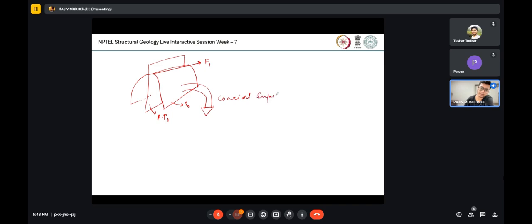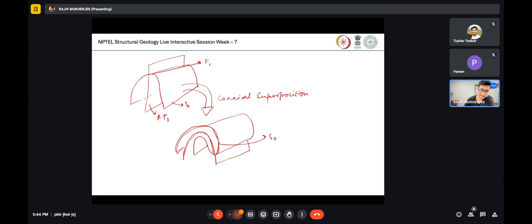Coaxial superposition, I can fold it this way. Hook type, yes. So this is this layer which is refolded. This is your S0.